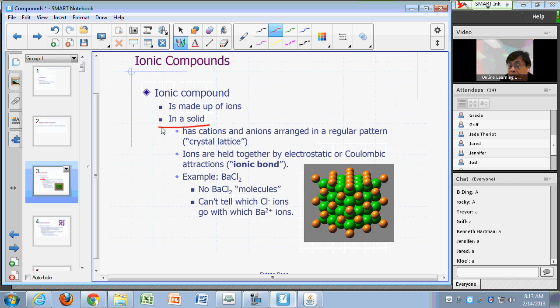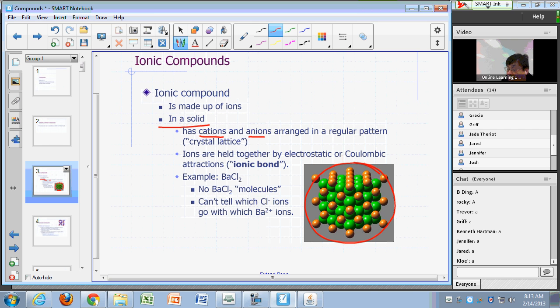You'll have positive ions, cations, and anions that are arranged in a regular repeating pattern called a crystal lattice. This is a representation of the crystal lattice for a compound called barium chloride.